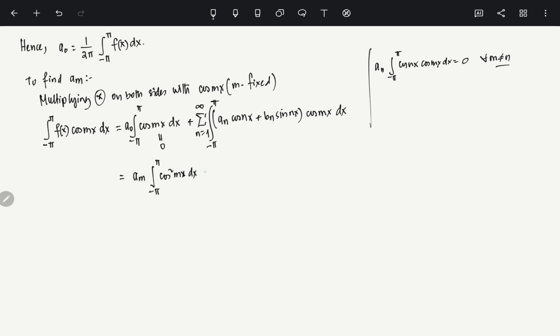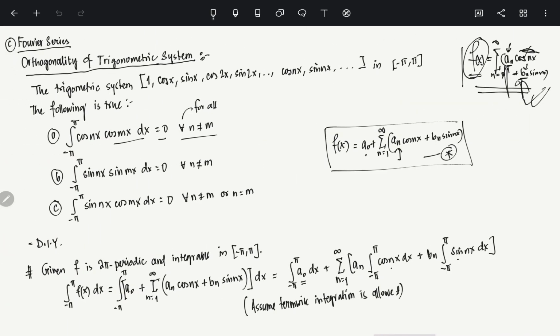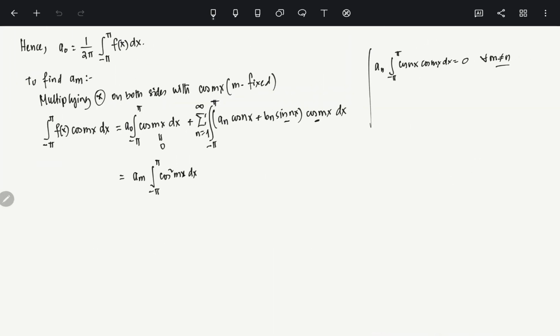Then again, this sine and cosine part is also going to be 0. Sine and cosine integrate to 0 independent of what n and m are. So that part is 0. Essentially we end up with the integral from minus pi to pi of f of x cosine mx dx equals am times the integral from minus pi to pi of cosine square mx dx.